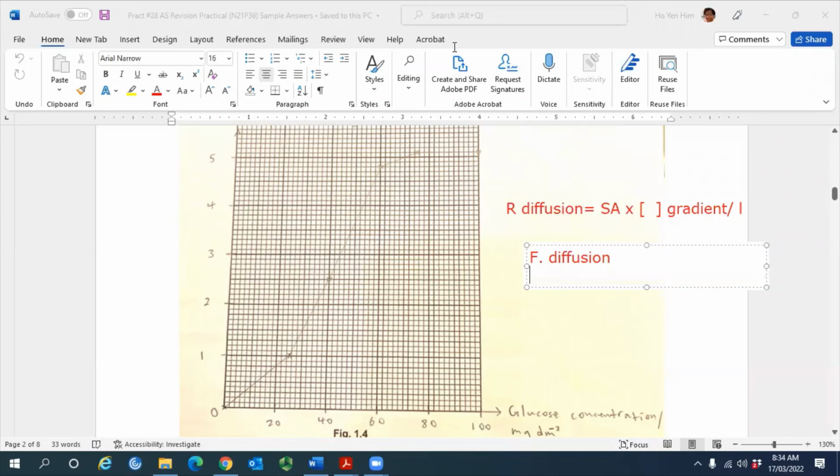Second evidence, you can see that it actually levels off. This level off is because your carrier proteins are saturated.